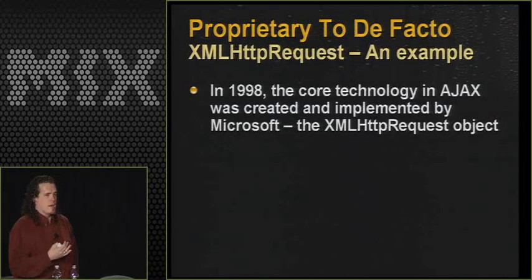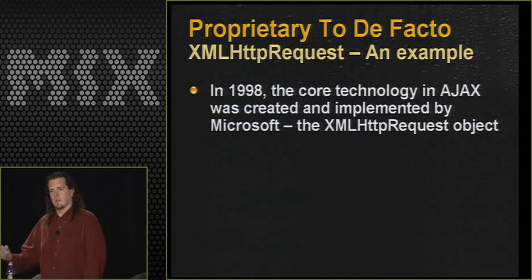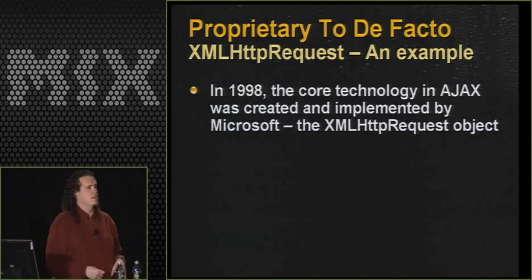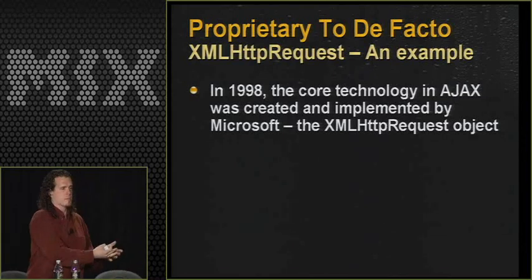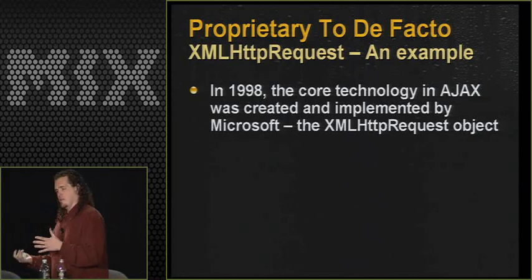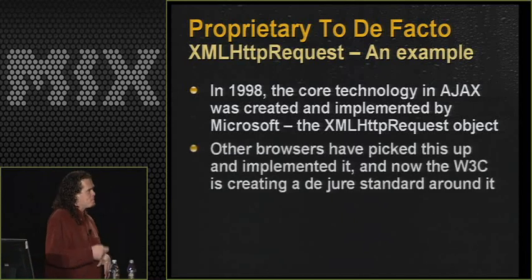So in 1998, we said, we really need a way to transfer XML data over the internet. Inside a web page, we need the ability to say, give me a new chunk of data from somewhere else. So we developed this XML HTTP request object, and unfortunately it took quite a few years, but it took off in usage.